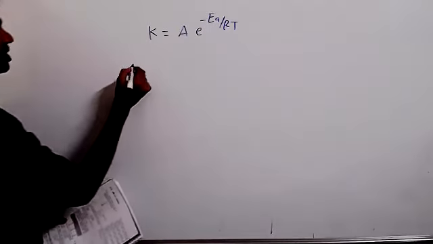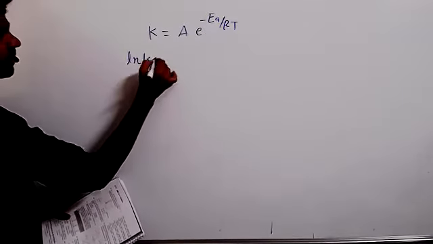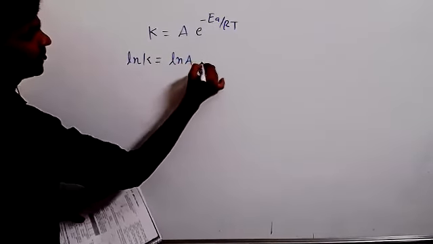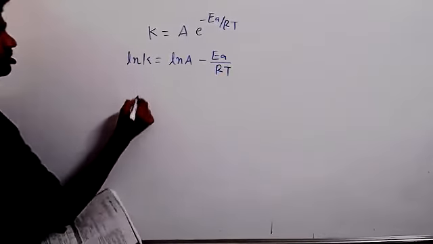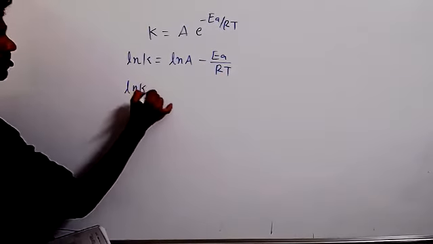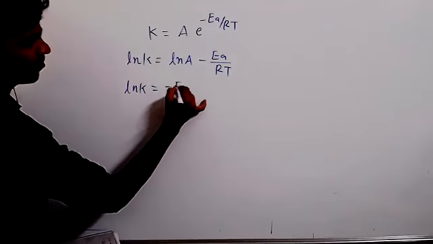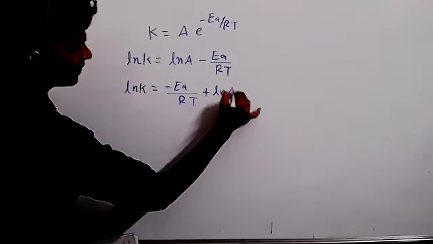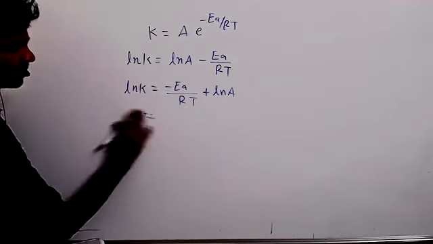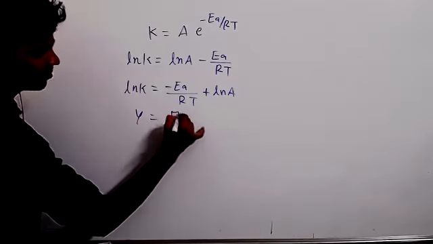So take ln on both sides. ln K equal to ln A minus Ea by RT. So this is so convenient, right? ln K equals minus Ea by RT plus ln A. This is like y is equal to mx plus c.